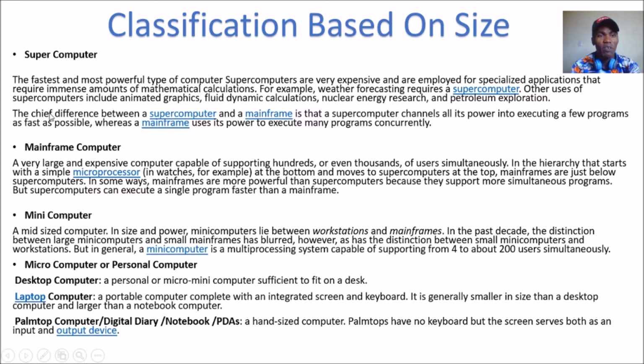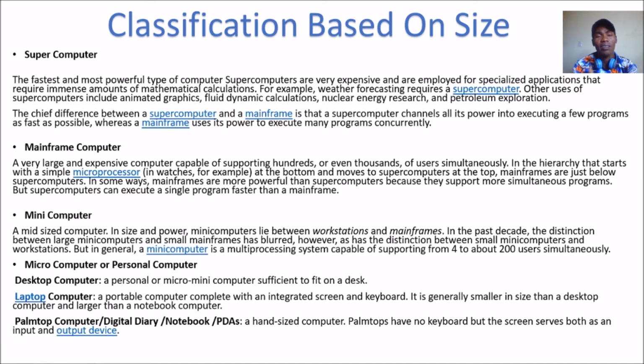Now, the chief difference between a supercomputer and a mainframe computer is that the supercomputer channels all its power into executing a few programs as fast as possible, whereas a mainframe uses its power to execute many programs concurrently.